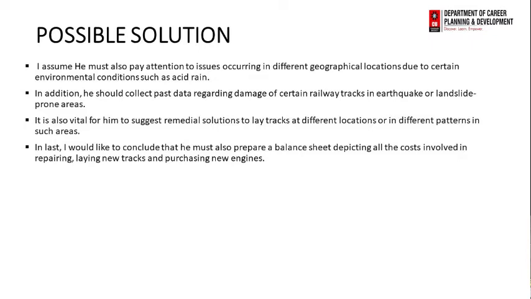They need to appoint a project manager probably to handle all the repairing of the tracks, because if they don't have a good project manager, that means decisions are not being centralized, and hence there is no check on what is being done in this private firm. You can go through the entire list of possible solutions here.